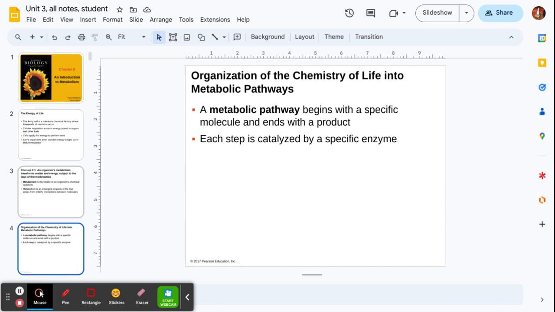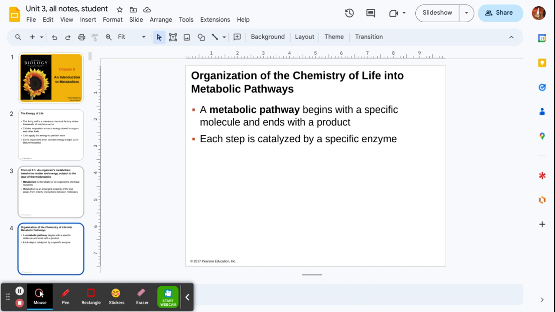In this unit, we're going to talk about metabolic pathways, which is basically a series of chemical reactions that occur to get a specific outcome. So when we talk about cell respiration in a little bit, we will be talking about starting off with your food and ending up with energy.